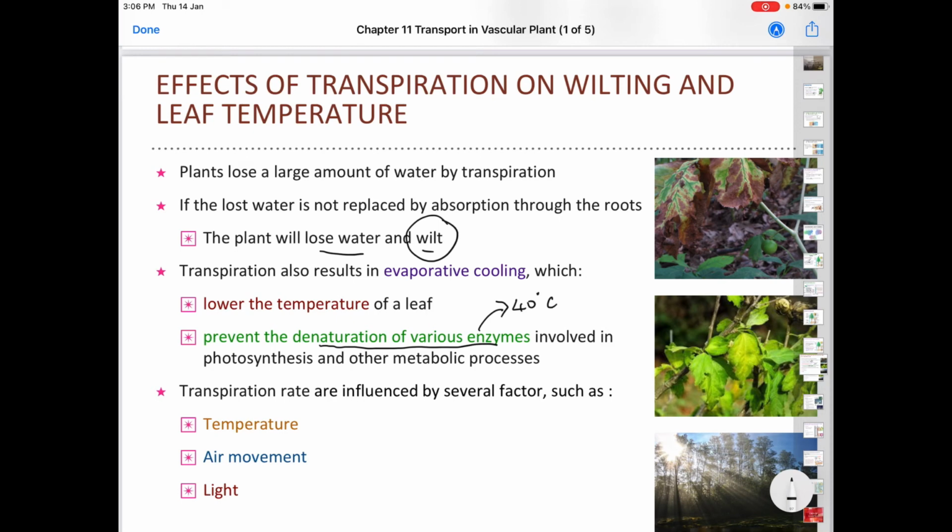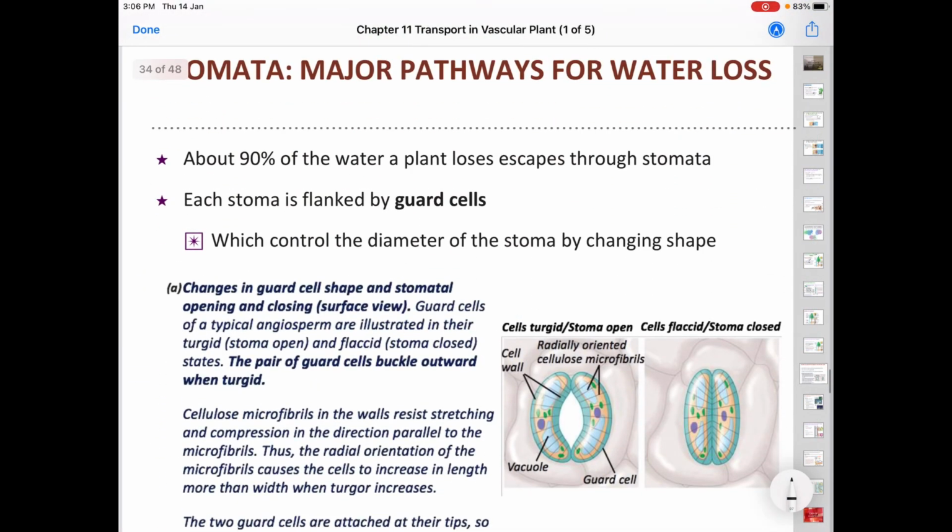In order to prevent the temperature getting higher than 40 Celsius, the plant itself must lower its temperature by doing transpiration. So the transpiration rate is influenced by several factors such as the temperature, the air movement, and also the light.